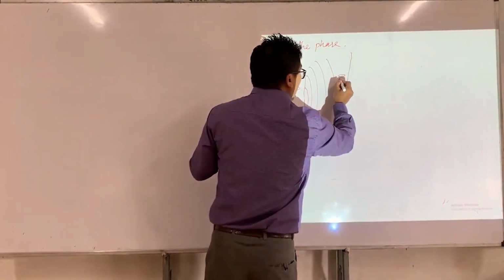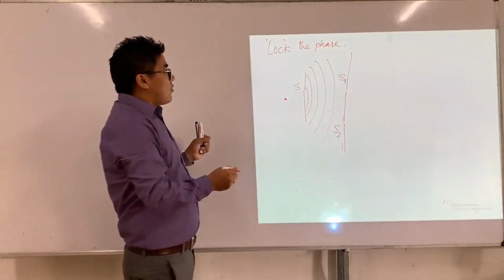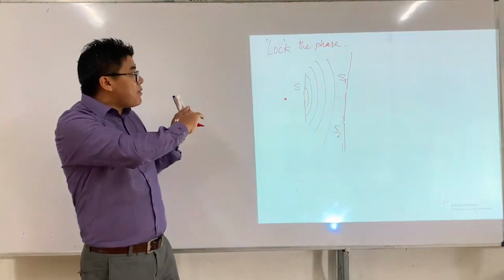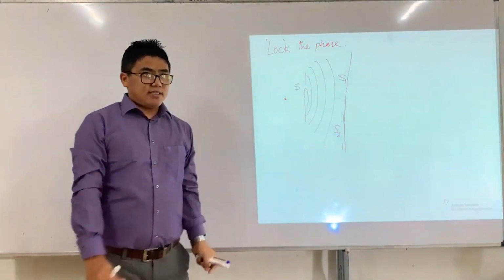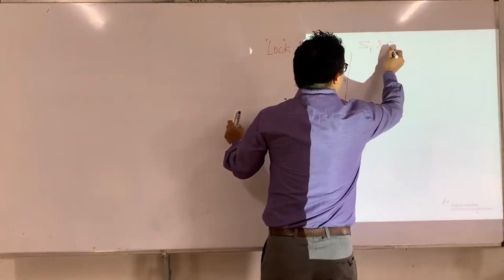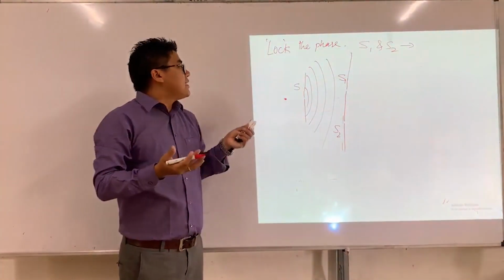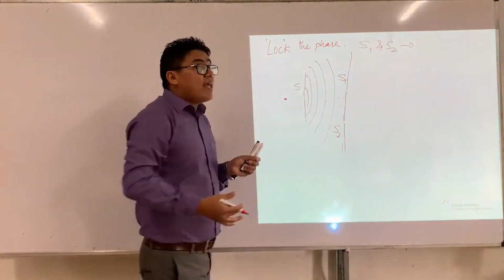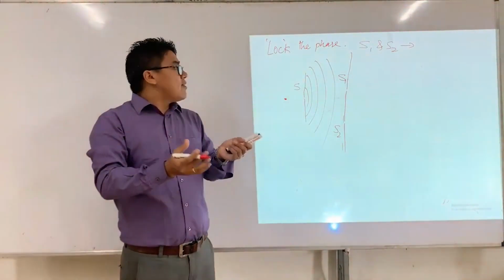Let's say this is S1 and this is S2. Now the light coming from the same source is illuminating these two slits, and S1 and S2 act as sources, maybe secondary sources. So this is how he could lock the phase.